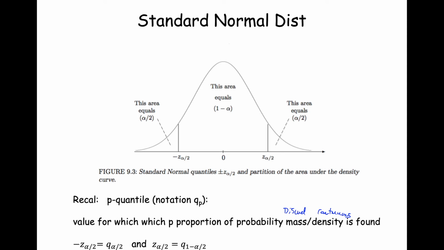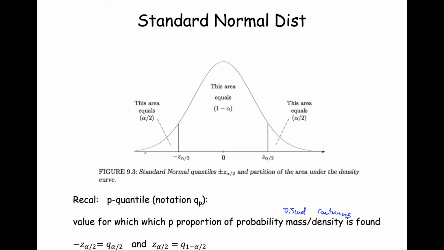And so minus z alpha over 2, that z-score on the minus side, is negative because the distribution is centered at the origin, so everything to the left of the origin is negative and everything to the right is positive. So the quantile on the left here is minus z alpha over 2, and then z alpha over 2 is another quantile.